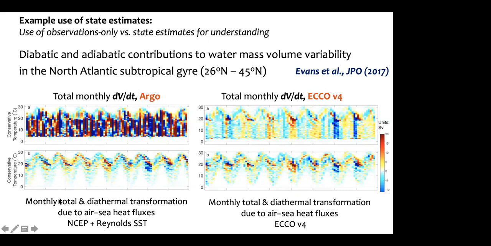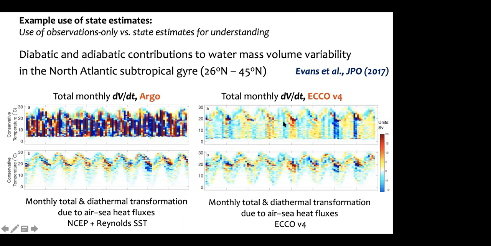You can do a similar calculation based on the diathermal transformation rates, based on some theory, Walin analysis, which you can perform if you have available air-sea fluxes. And this is one that's been diagnosed using the NCEP air-sea fluxes and the Reynolds SST. Basically, this shows you the dV/dt term diagnosed from just the air-sea fluxes. This is the bottom panel. On the right are exact same calculations again, now using just the dV/dt calculation with the ECCO product.